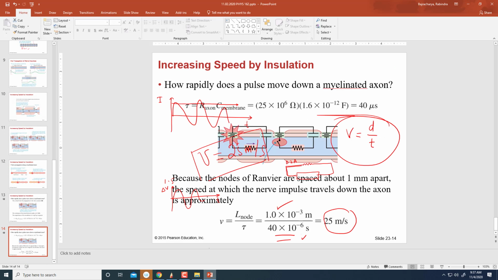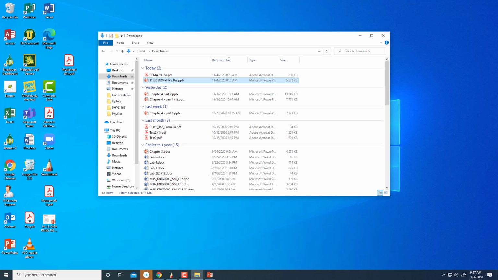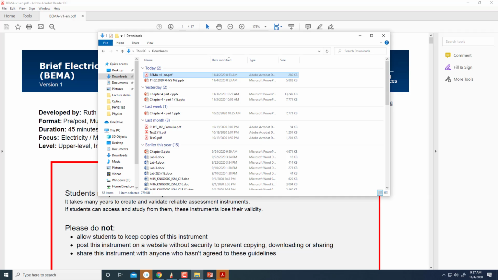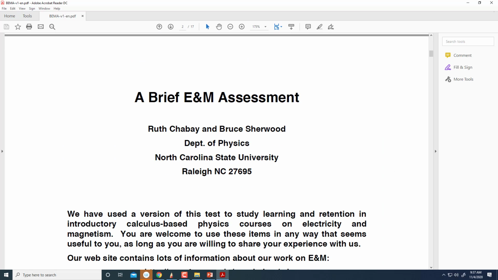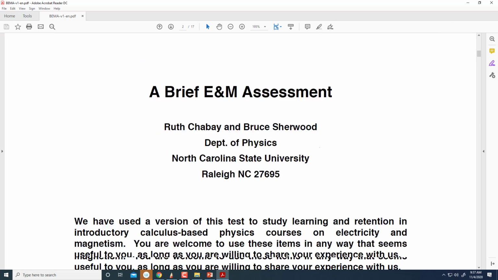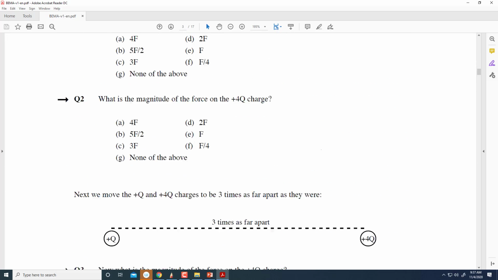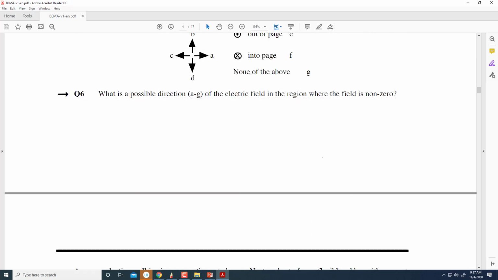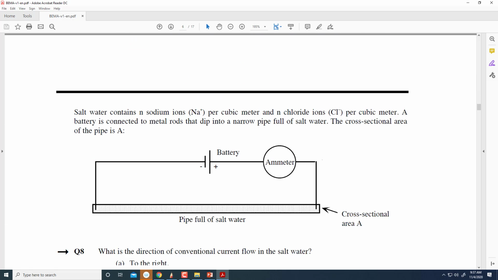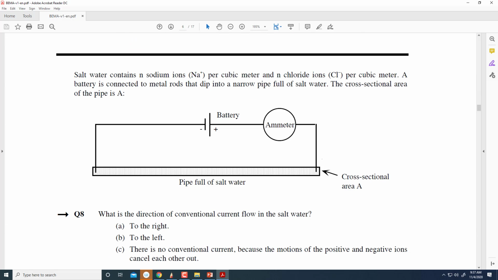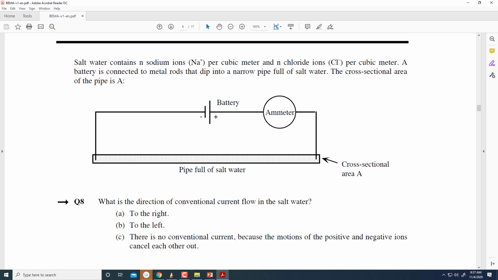So let's look at some of the multiple choice questions for the conceptual part. Let's look at this question.